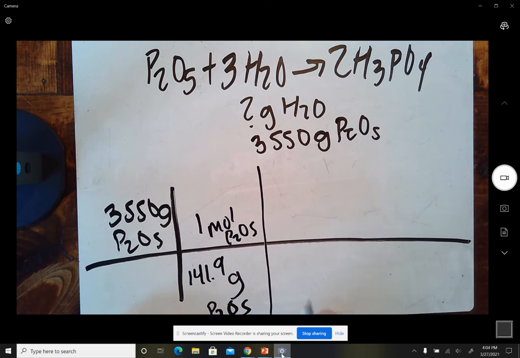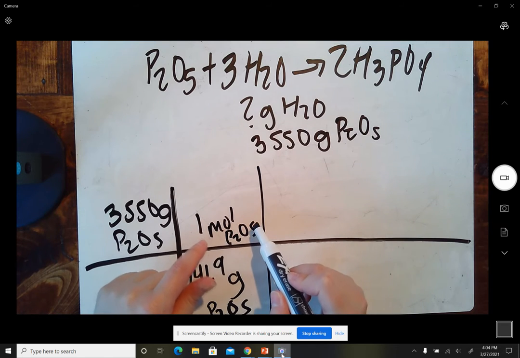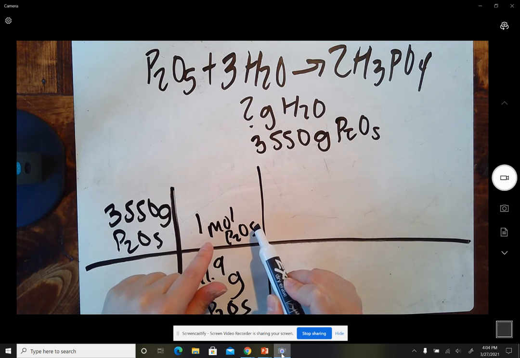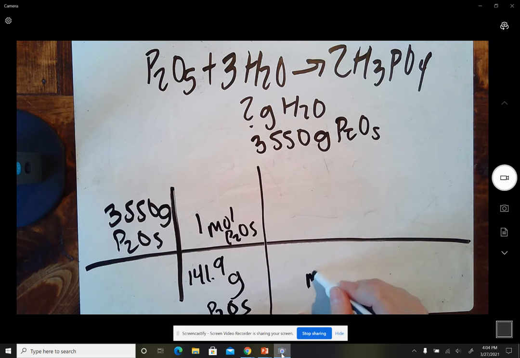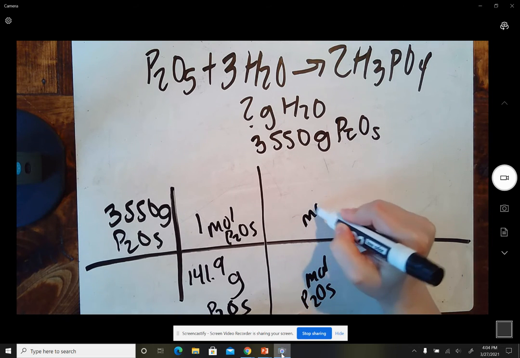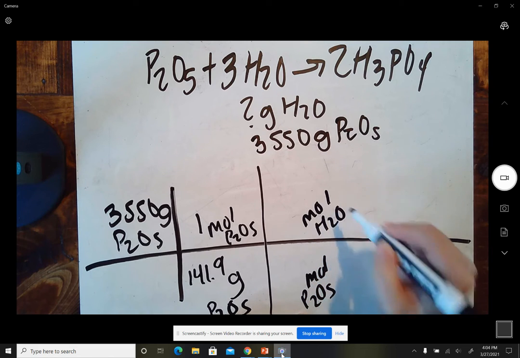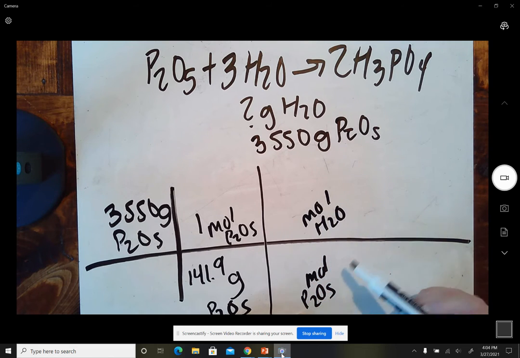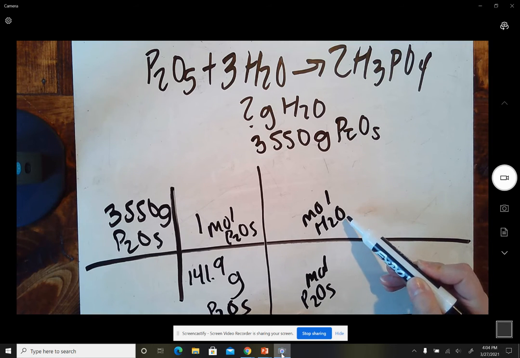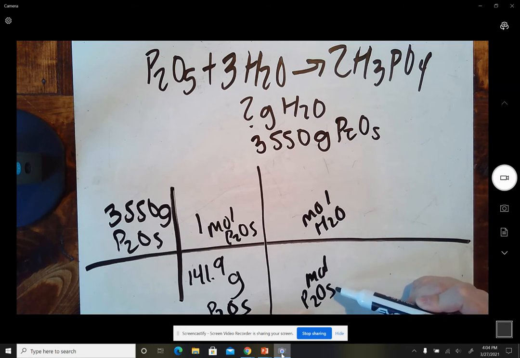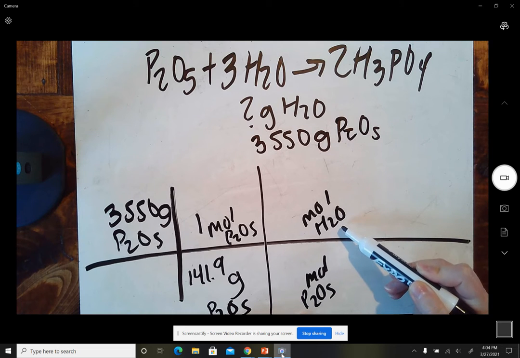There's my first conversion. So now I'm in moles of P2O5. That's not what we want. So I need to go, old unit on the bottom, moles of P2O5 to moles of H2O. That's my new substance. Notice, please, this is why I tell you to show your work, why you can't do it in your head. Notice that these are 2 different substances.